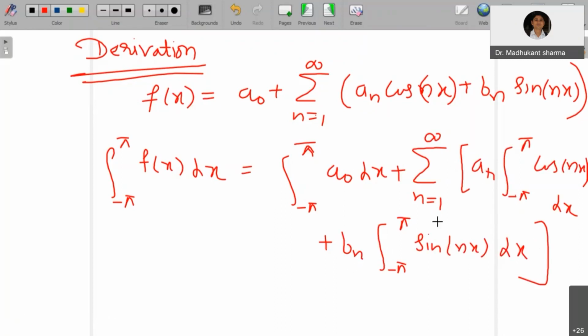Now, you can easily verify that this integral value and this integral value will be 0. That I leave to you.